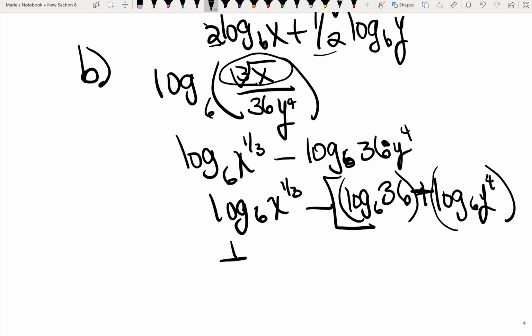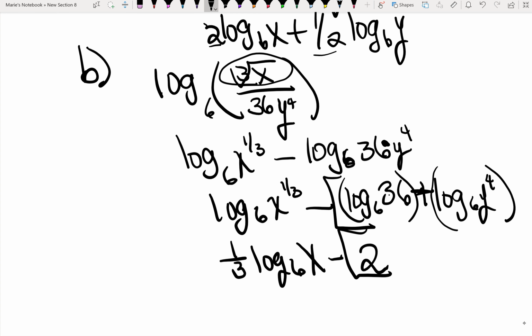So this is actually 1/3 log base 6 x minus, now I want you to stop and think, log base 6 of 36. 6 to what power is 36? Obviously 2. I like keeping it in the bracket.